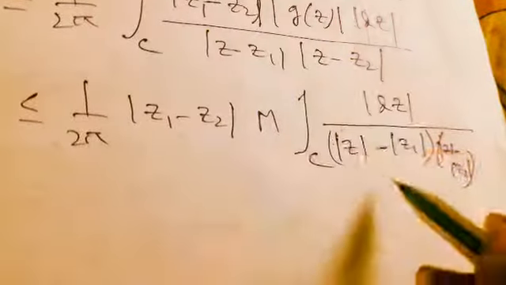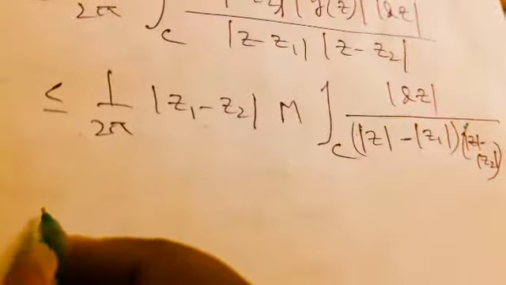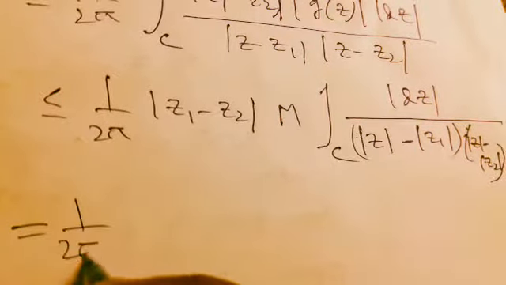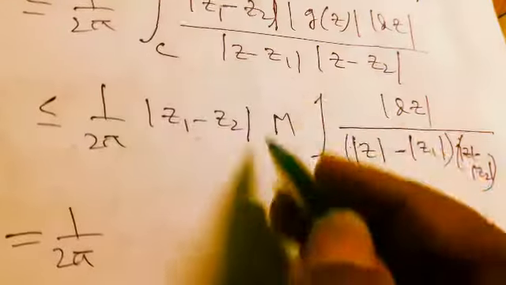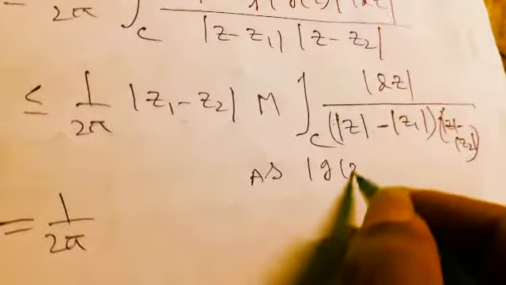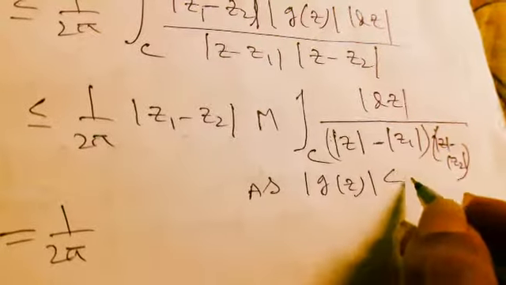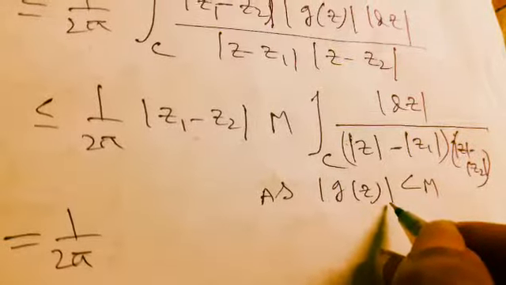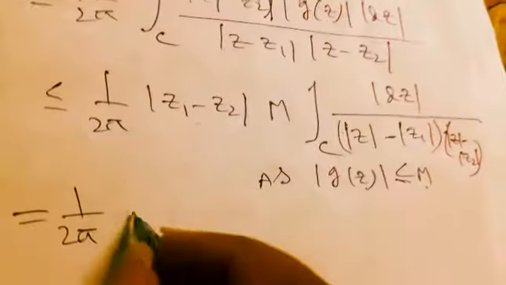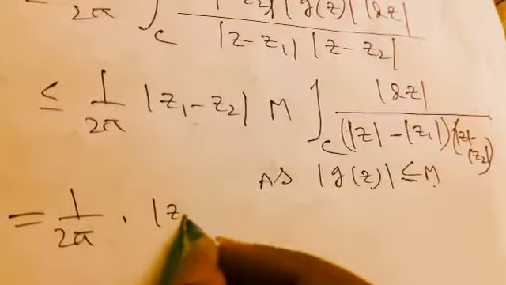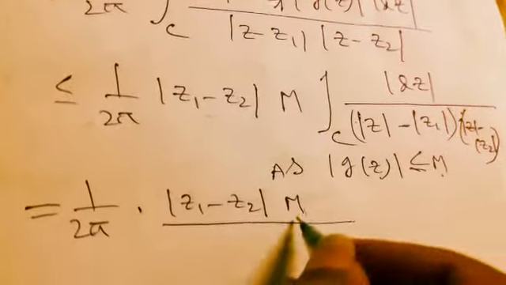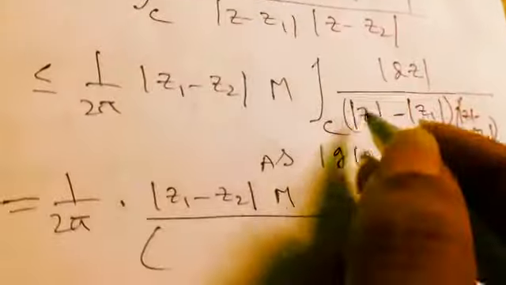So it will be the reciprocal, so that will be less than, and that will be equal to 1 by 2 pi, and it is using this condition that M we used, as we use mod of g(z) is less than or equal to M. Already we are using these conditions, 1 by 2 pi into mod of z1 minus z2 into M divided by, and that will be less than R.